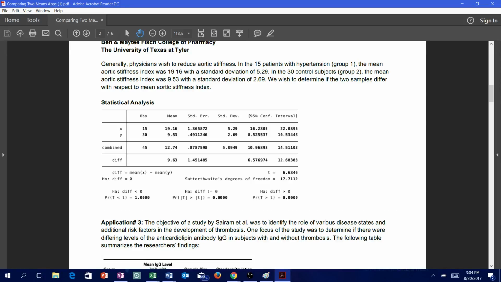Yes, so that means there is a difference. And it's the effects of the therapy that we're looking at, right? So there is a difference.